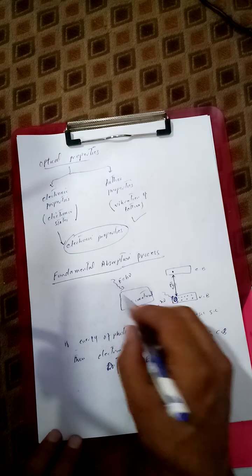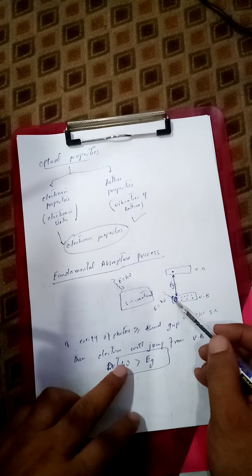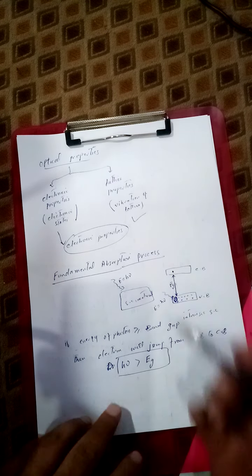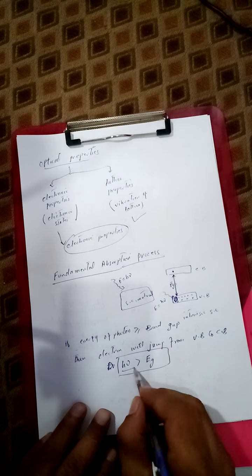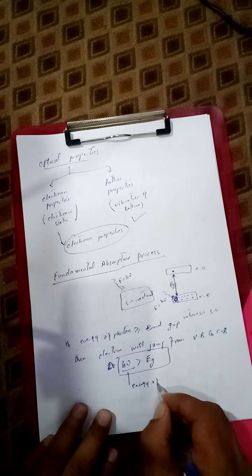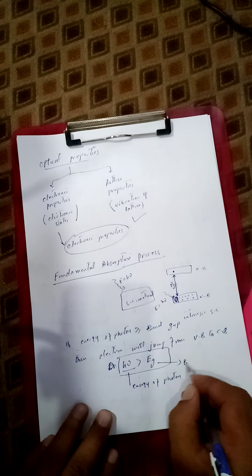The absorption of this photon by this electron, while it moves from valence band to conduction band, is called the fundamental absorption process. Here we have the energy of the photon, and Eg is the band gap.